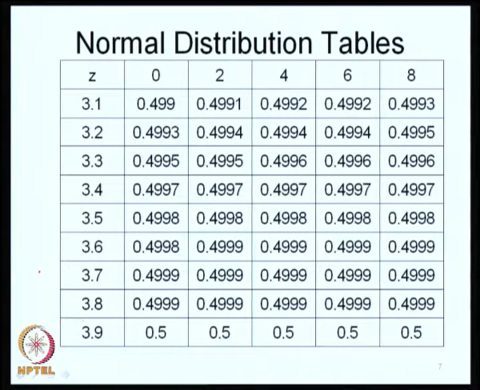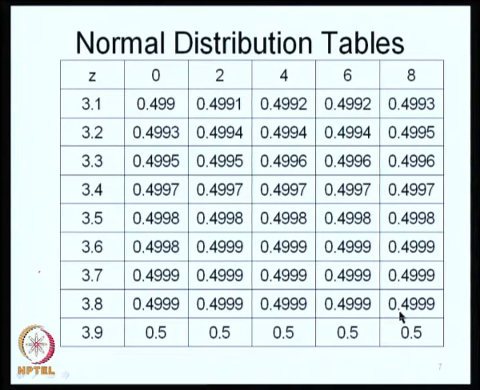As you can see, if you add 0.5 to the left of z equal to 0, about 99% of the area is contained between z equal to plus 3 and minus 3, and up to 4 it is almost equal to 1.